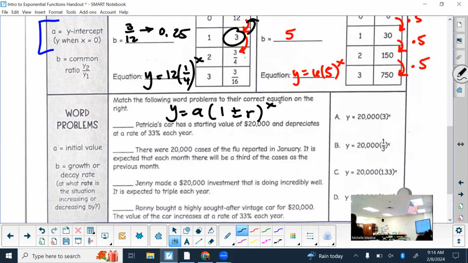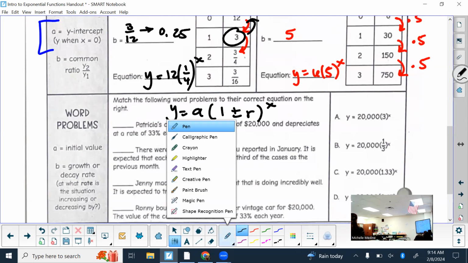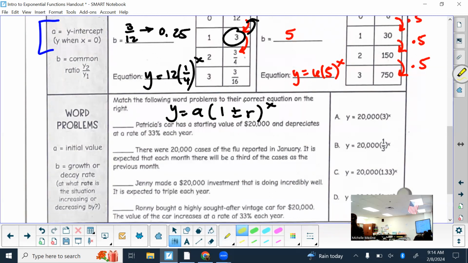Okay, perfect. That's still an exponential function. The only difference from this and the other one on your paper is this part. So if there's a percent change, I can plug it into r, and then just remember that r has to be a decimal.